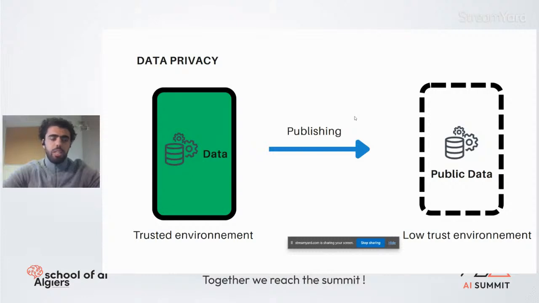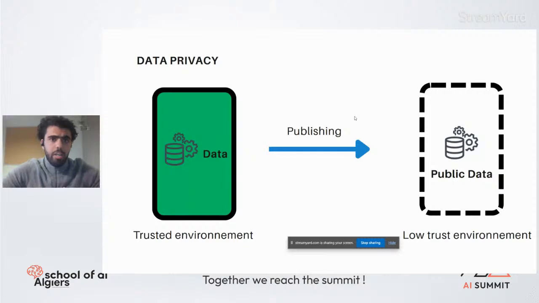So basically, for example, a healthcare institution has the healthcare data of users, and this data has private fields of the users, and also some data that is useful to understand a community's health situation.